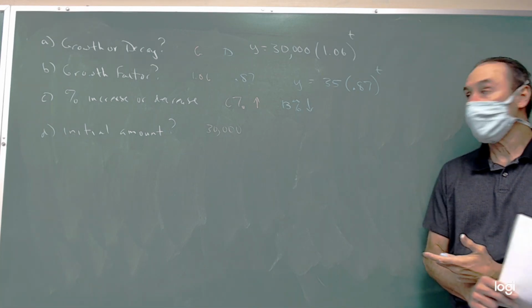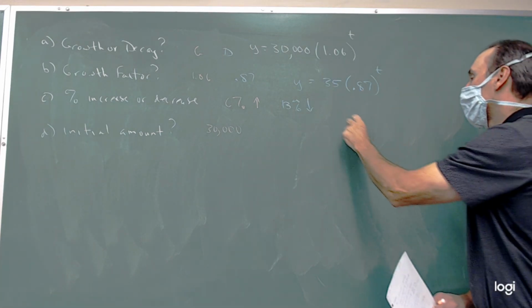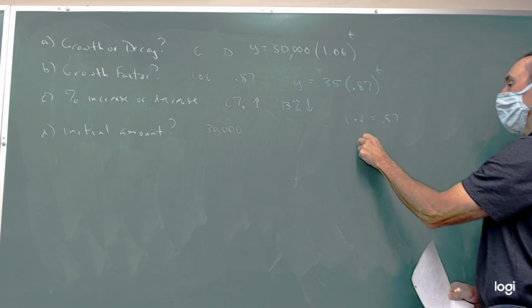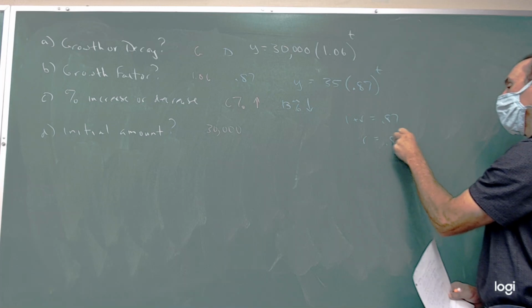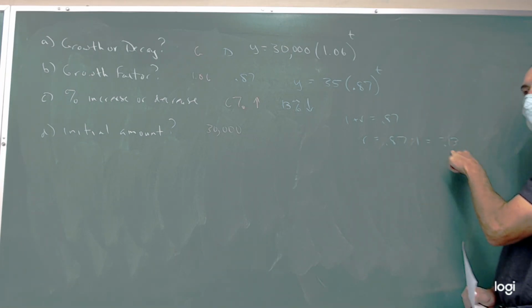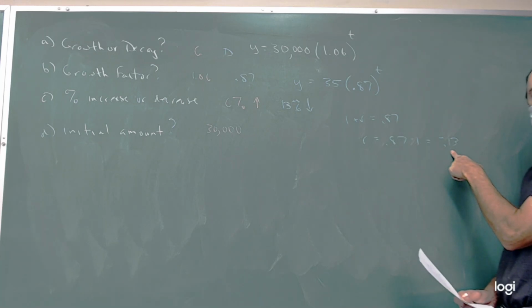You can either say that's 1 plus r is 0.87 and subtract the 1, and when you get a negative 0.13, the negative is indicating that it's decreasing.